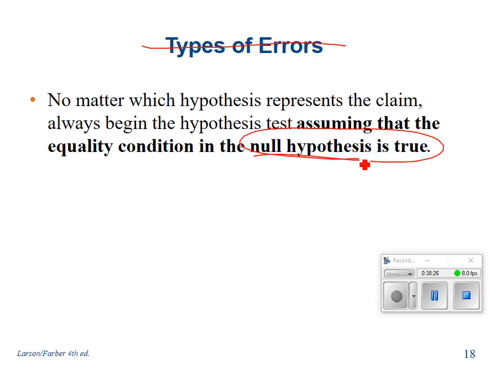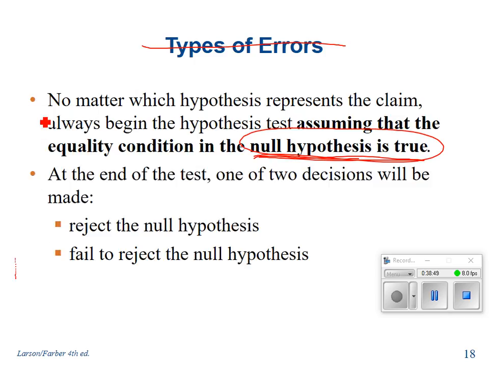No matter which one's the claim, we're going to assume that the null hypothesis is true. You're always going to take that H0, and that's the part where you're either going to prove or disprove that null hypothesis. But we're always going to start off assuming it's true.